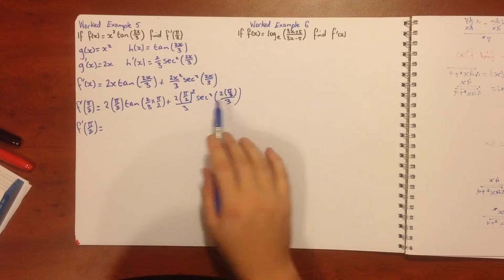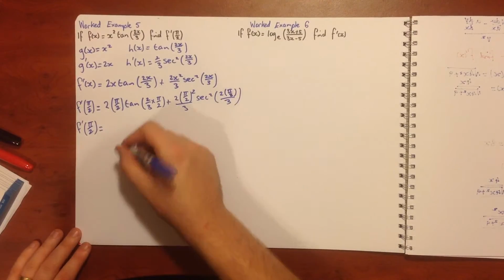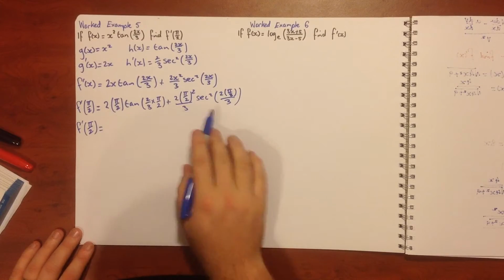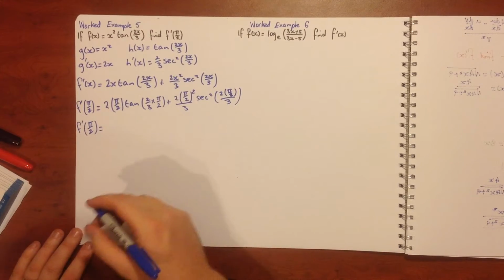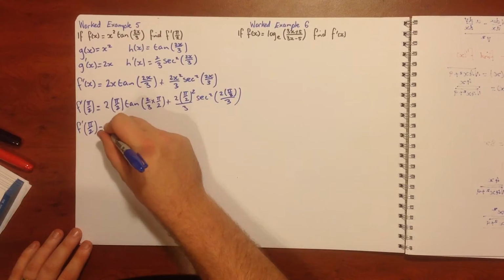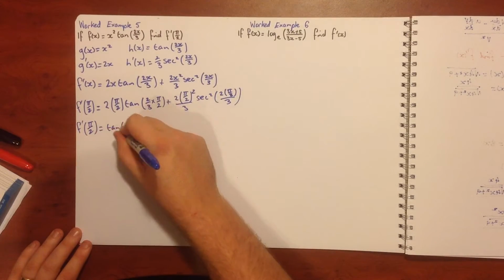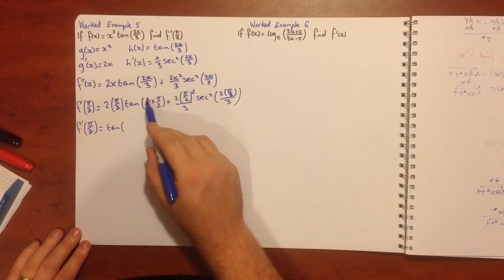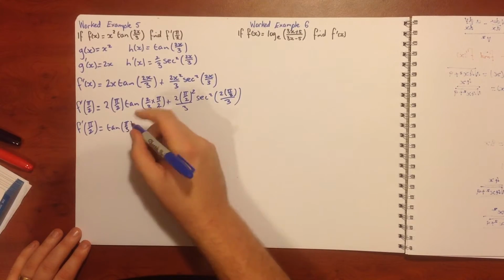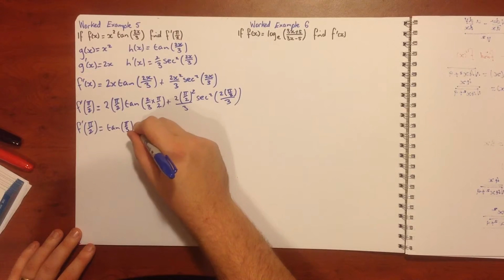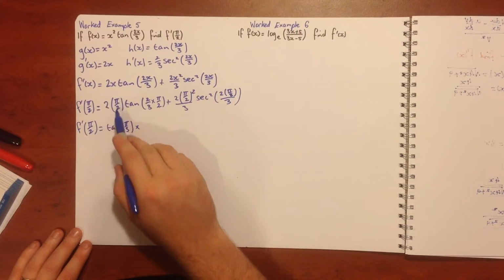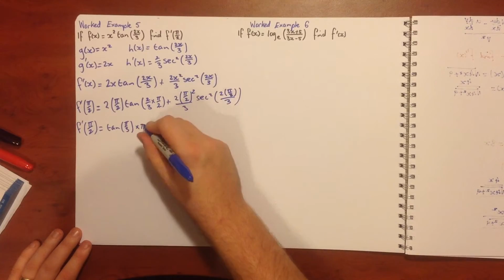I'll just give you the next step. They've written it in a different order, so let me get this right. I write it as tan of pi on 3, because our 2's are going to cancel out here and leave us with pi on 3, times, well, we've got 2 times pi on 2, so it's going to be pi.